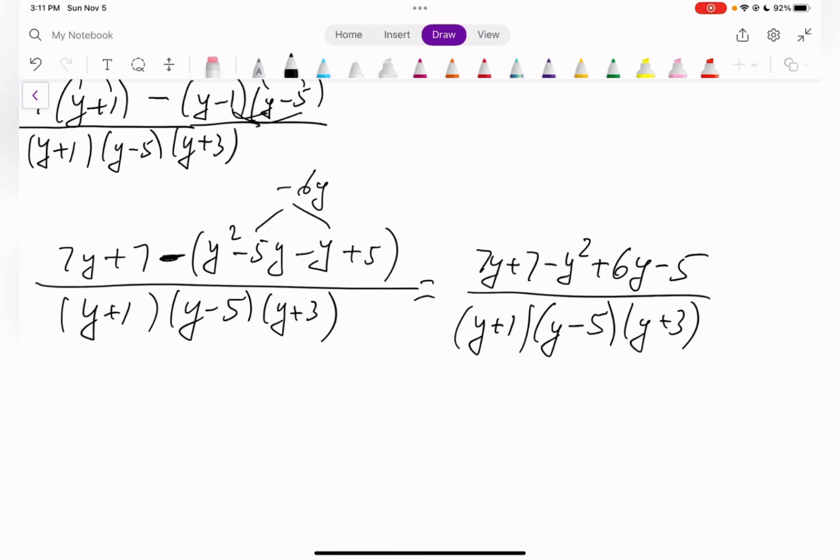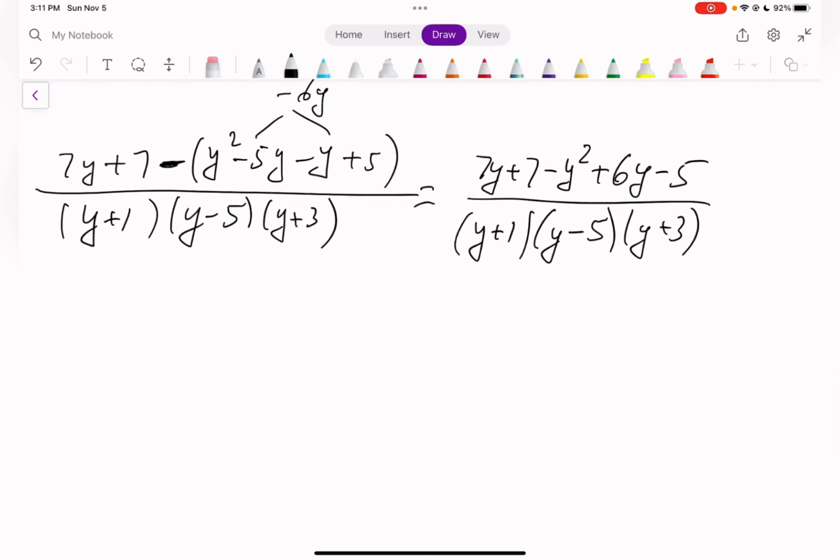All right, let's now do a little bit of cleaning. What do we have here? Well, the denominator is the same. Don't make me write it down again. So 7y and plus 6y. So let's put first negative y squared. We go by degree. And then 7y and 6y is going to be plus 13y.